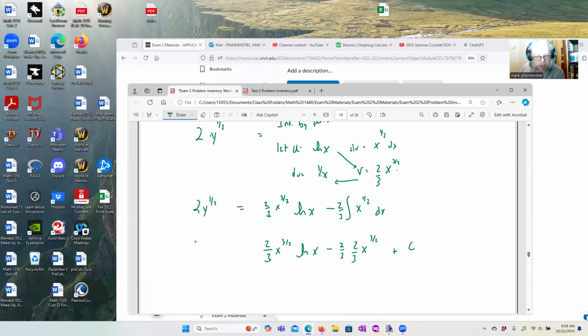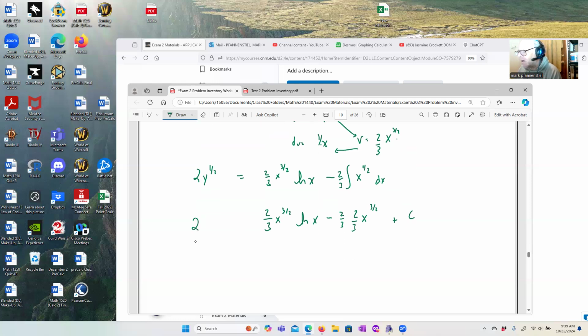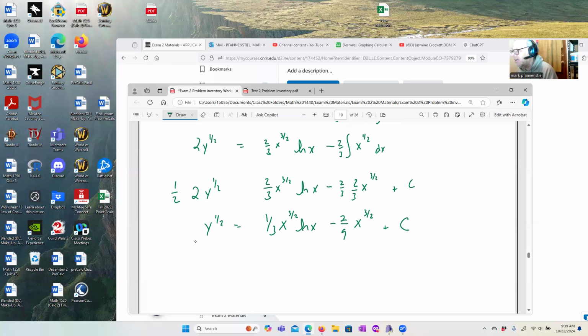Okay, so we can double check that. We're going to say, okay, this is 2y to the 1/2. I'm going to divide everybody by 2 here, so I'm going to multiply 1/2 times the whole equation. So we get y to the 1/2 is equal to 1/3 x to the 3/2 ln of x minus 2/9 x to the 3/2 plus technically c over 2, but since that is just c, we'll just leave it like that.